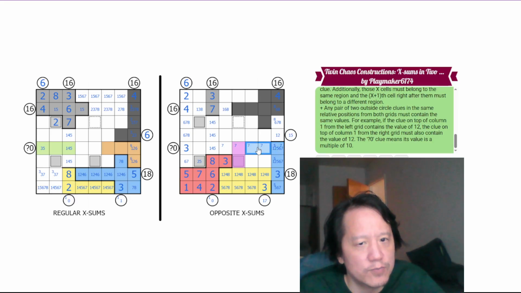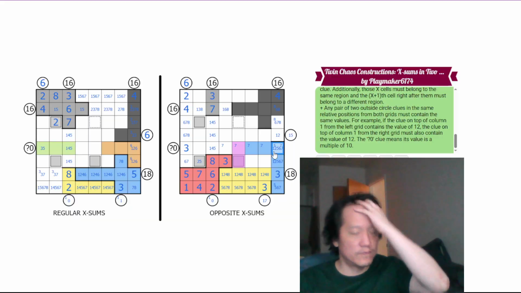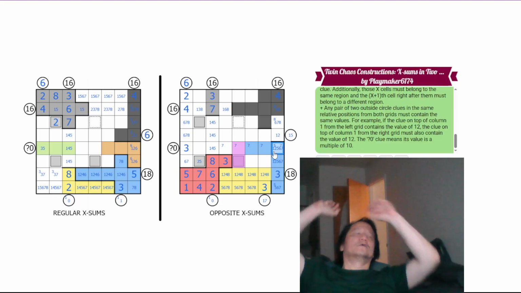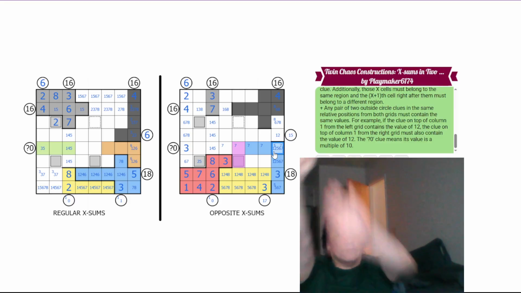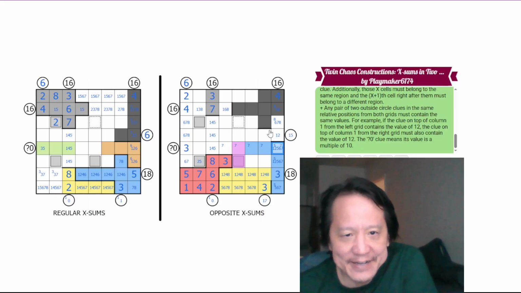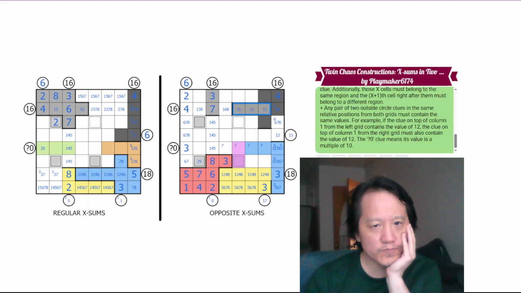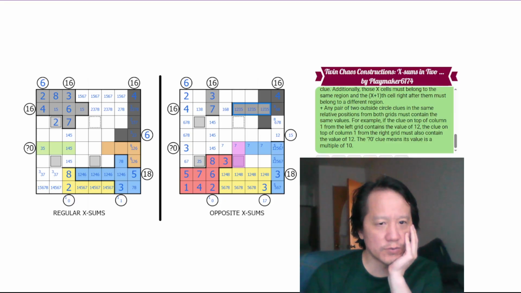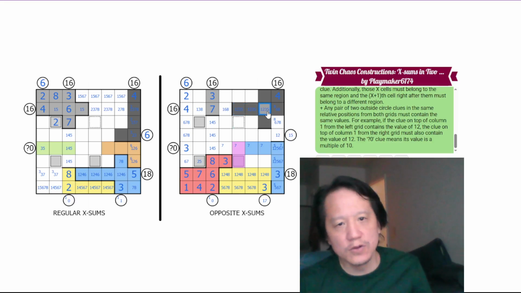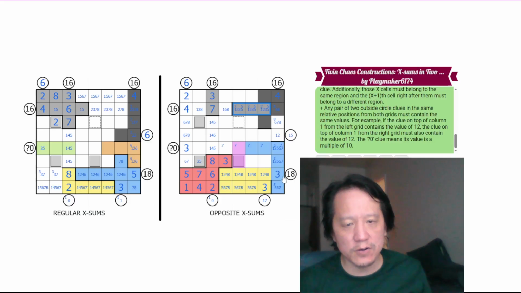If it's 10, it's 1, 2, 7, or 1, 4, 5. So this is 6 or 8, and this is 6 or 8, which means none of these can be 6 or 8. So we have guaranteed 5 here, and 2 here with a 1 or 3. So 5 and 2 would both have to be here.